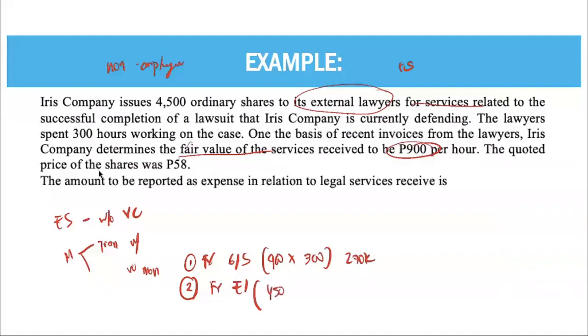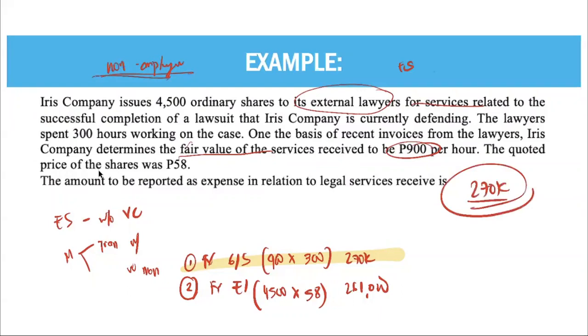How about equity instruments? 4,500 shares multiplied by 58 per share, we have 261,000. So how do we measure that again? Since this is a transaction with a non-employee, we measure it based on fair value of goods or services, 270,000. Ang sagot dito ay 270,000.